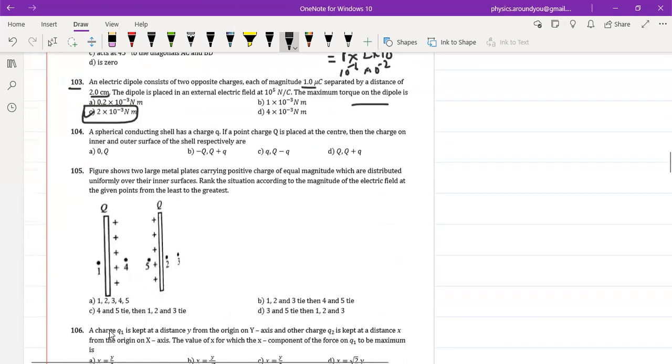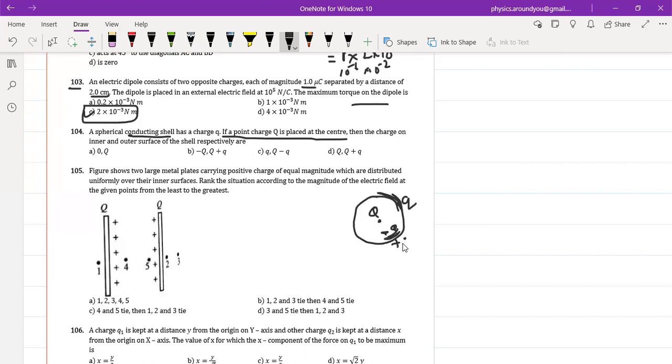Now question 104. A spherical conducting shell has a charge Q. If it has a charge Q, the charge Q will always stay on the surface, a property of a conductor. If a point charge q is placed at the center, then due to induction, minus q appears on its inner surface.